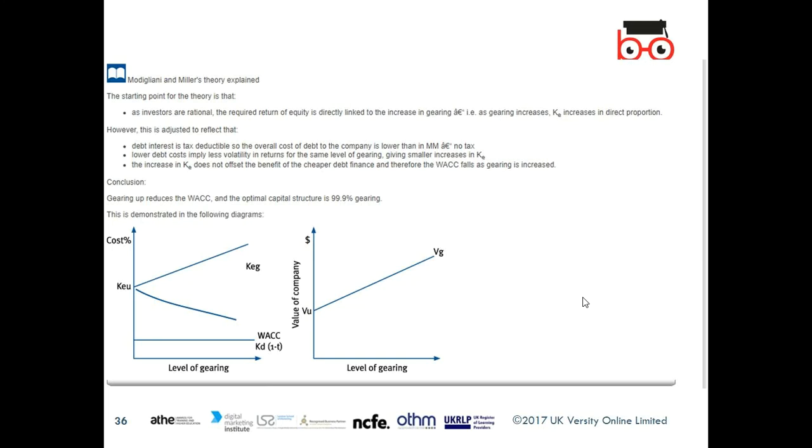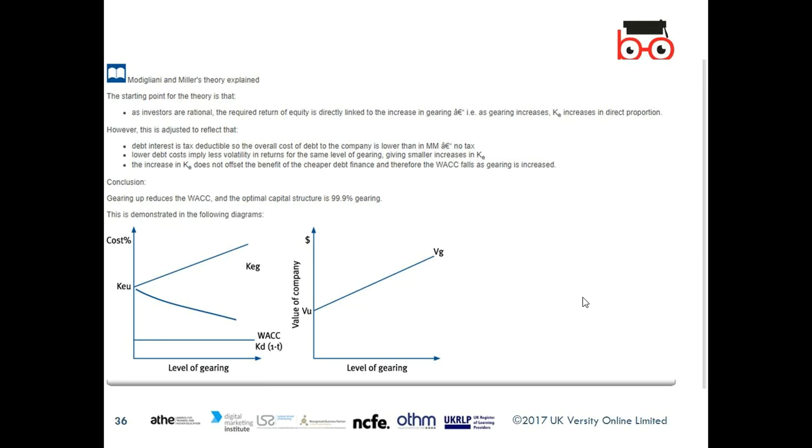So lower debt cost implies less volatility in returns for the same level of gearing, giving a smaller increase in the cost of capital. The increase in the cost of equity, KE, does not offset the benefit of the cheaper debt financing.